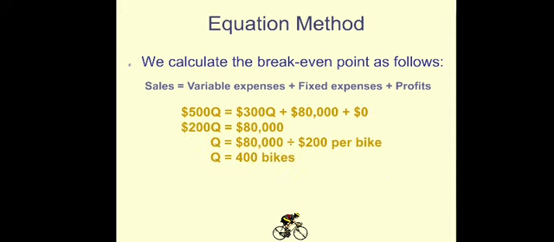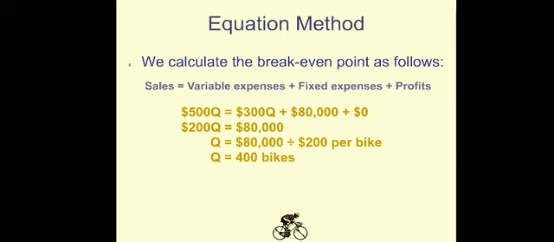So we use this: 500Q equal to 300Q plus 80,000. 500Q is the price times quantity, that is the total revenue. The total cost is the variable cost plus fixed cost. So the variable cost is 300 times quantity. The fixed cost is fixed, so it is 80,000. So you solve this equation. You see here the Q is 400 bicycles.